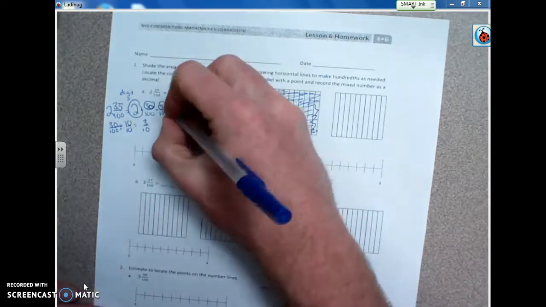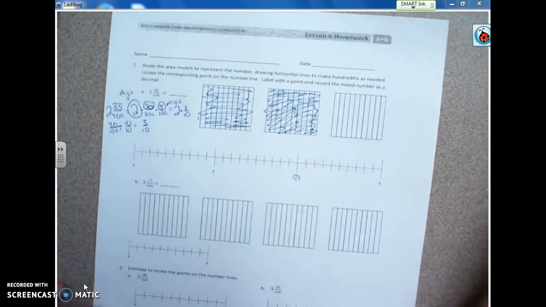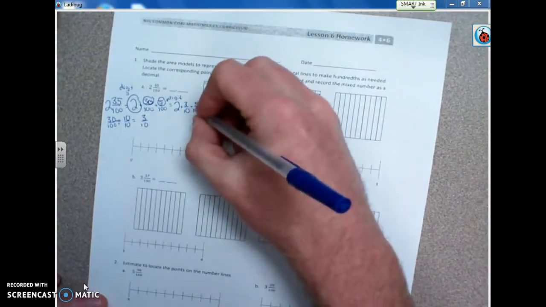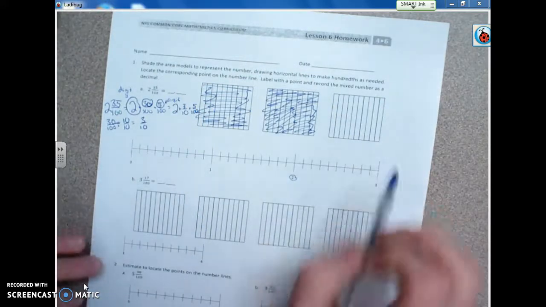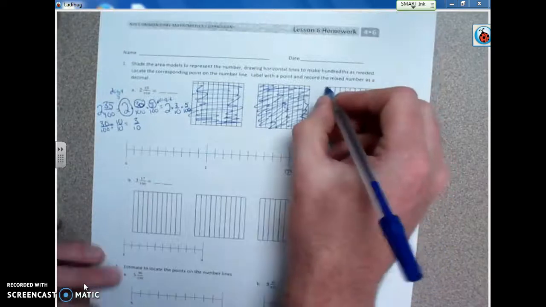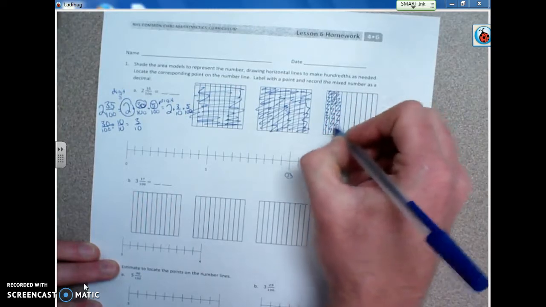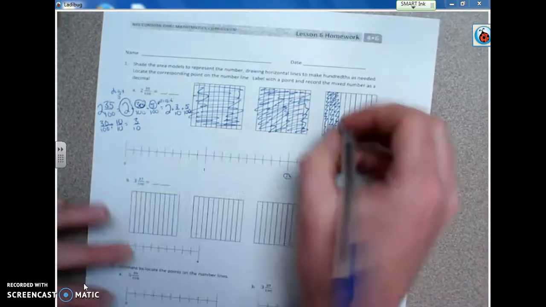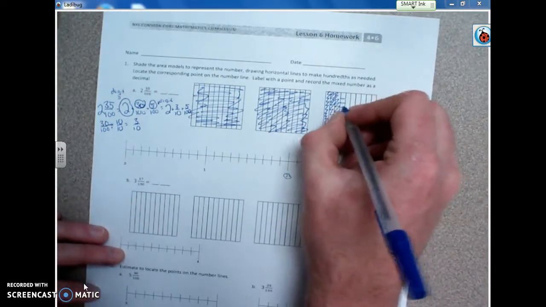So now I have 2 wholes, 3 tenths, and 5 hundredths. So if I go back to my area model, I need 3 tenths. So 1, 2, 3 tenths. And I have 5 hundredths, so I have to split this next tenth into hundredths.